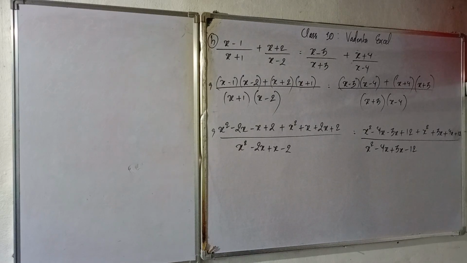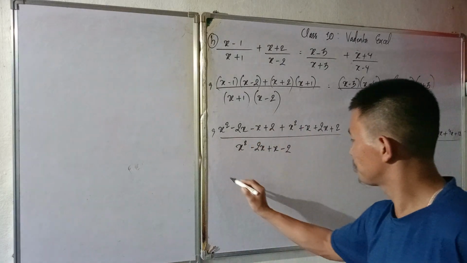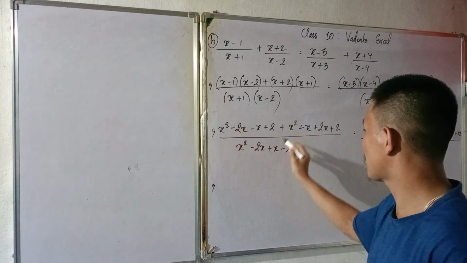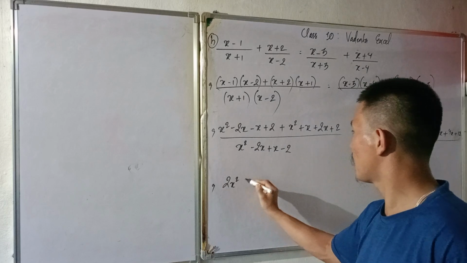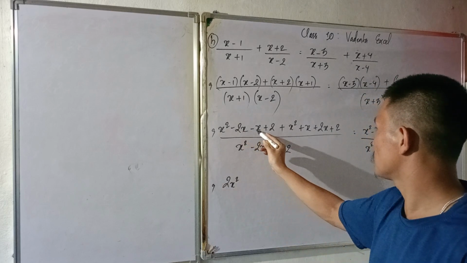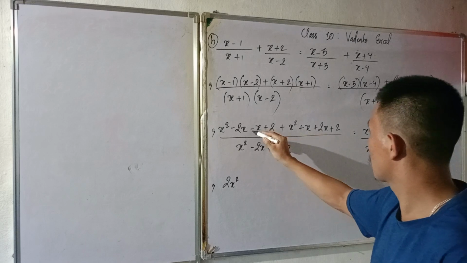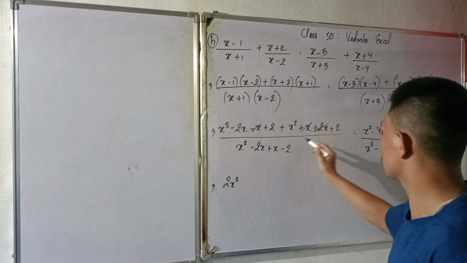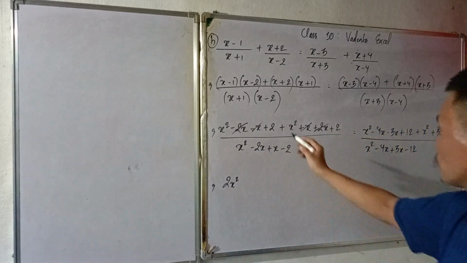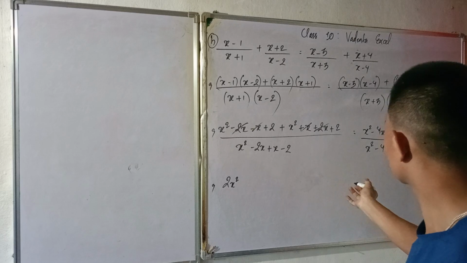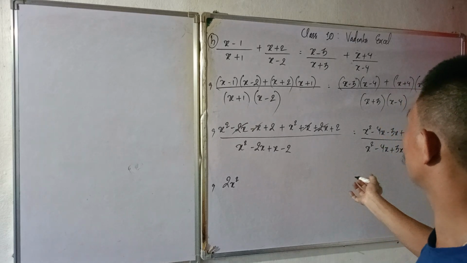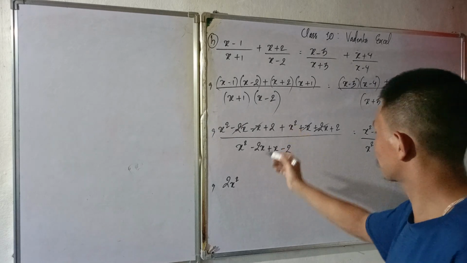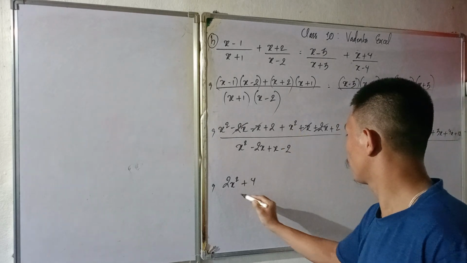Now you just operate the like terms on both sides. So x plus x squared plus x squared, 2x squared. Now this minus 3x gets cancelled, minus 2x plus 2x gets cancelled, and 2 plus 2 is 4.